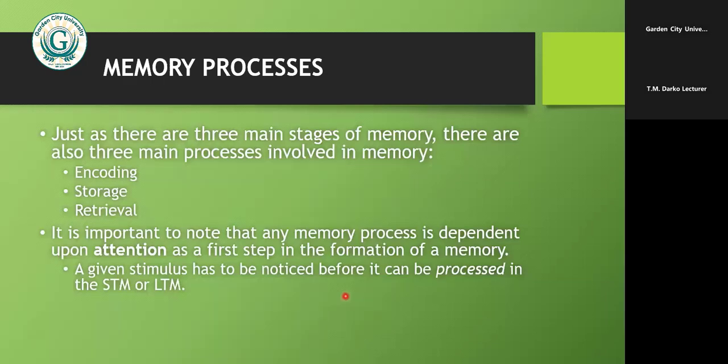Now, when we take the process, we have what we call encoding, storage, and retrieval. When you receive information, it should be encoded. After you've encoded it, it should be stored. And after storage, you should be able to retrieve it.